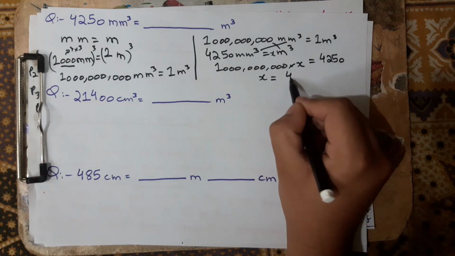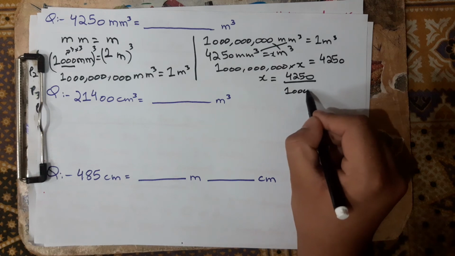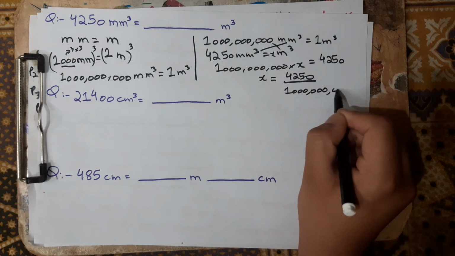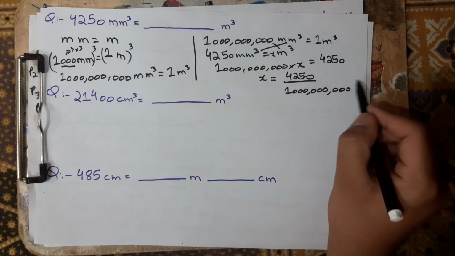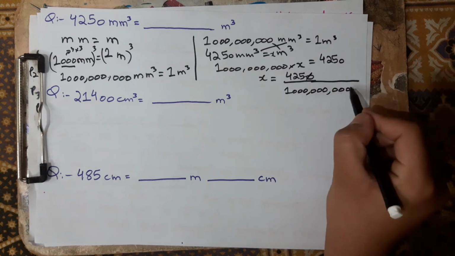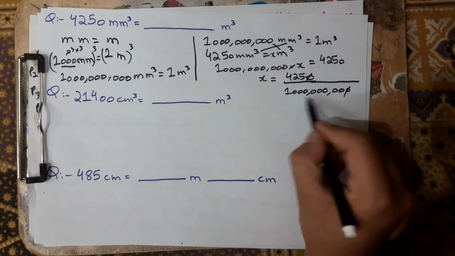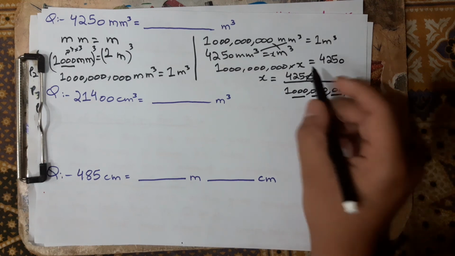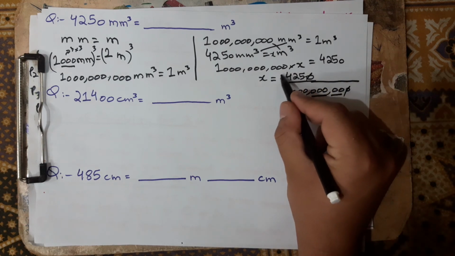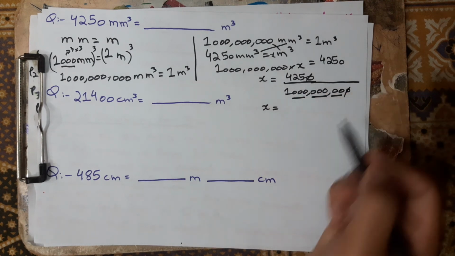Then x is equal to 4250 divided by 1000, 1000 only. So here the zeros cancelled, and how many zeros are left now? 3, 3, 5. So we have to move 5 decimal places backwards.